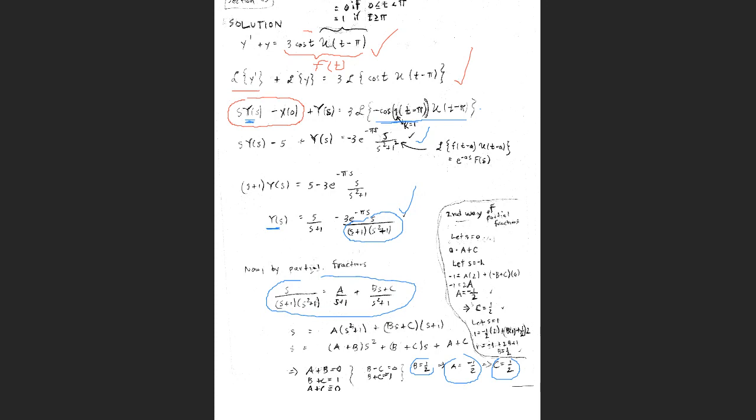And so we substitute those back in for A, B, and C here. Okay, and so therefore, this rational function will equal negative 1/2 over s plus 1, plus 1/2 s plus a half over s squared plus 1. Okay, that's what it'll equal.